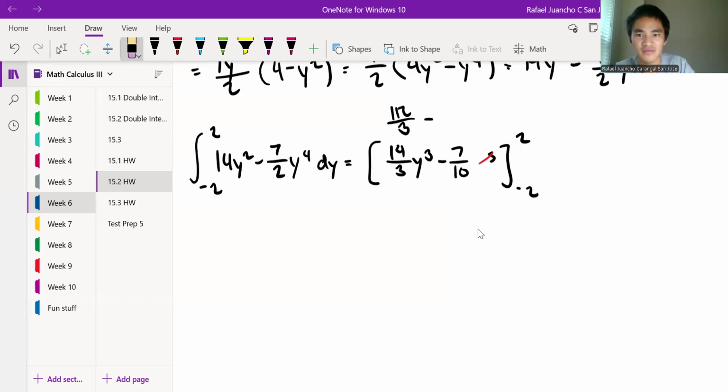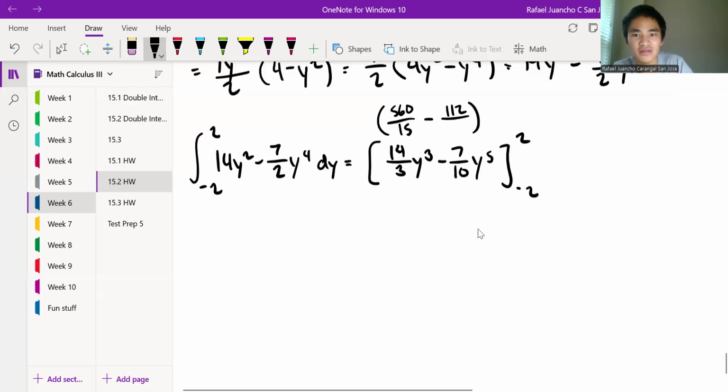112 over 5. Oh, nice. I totally erased it. That's fine. I get that value for my first one. And then this is a common denominator of 15, right? So I multiply this by 5. This gives me 560. Oh my goodness.